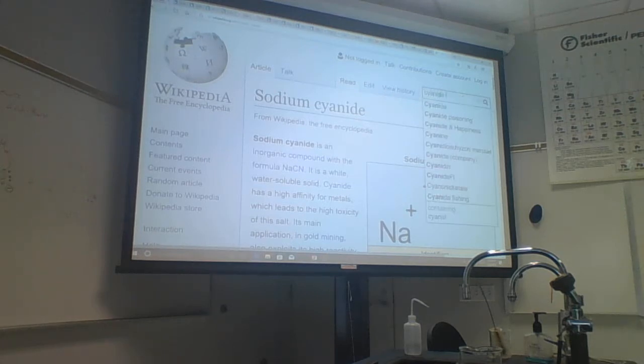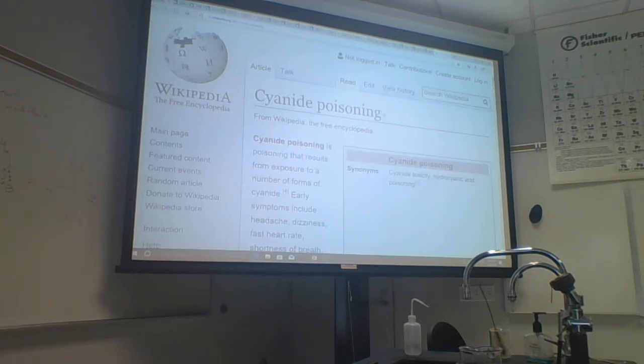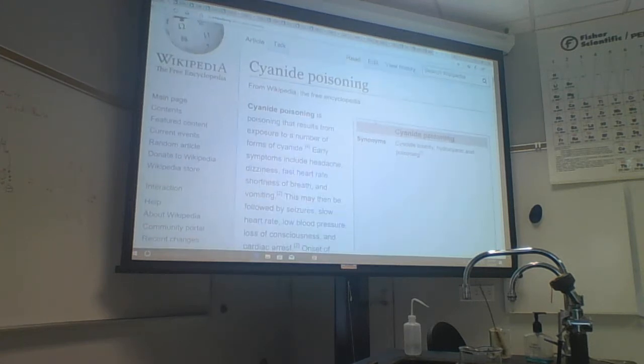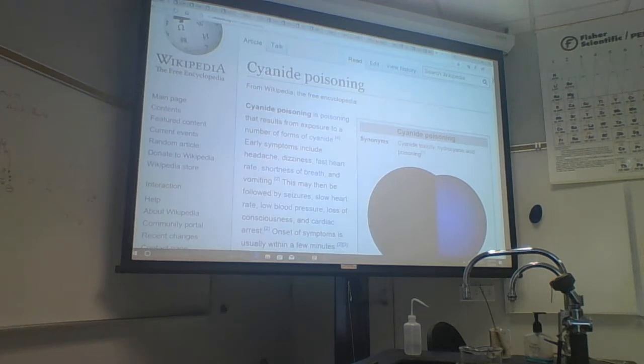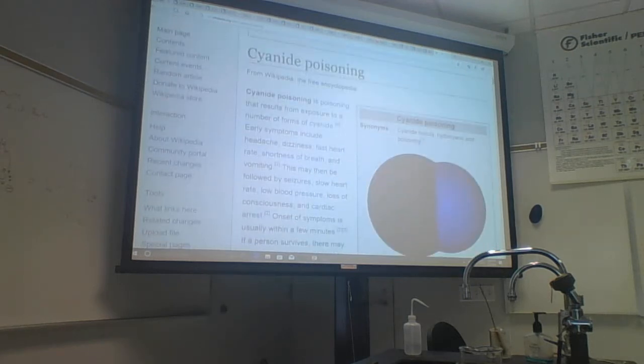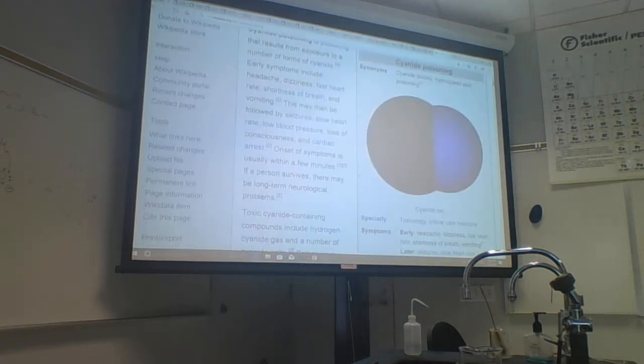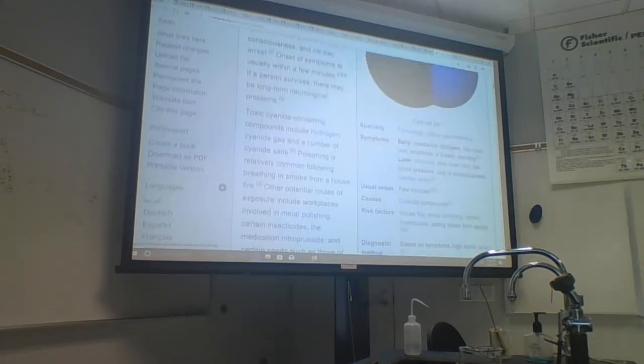Cyanide poisoning. Cyanide poisoning results in exposure to cyanide. This is the cyanide ion, carbon and nitrogen.